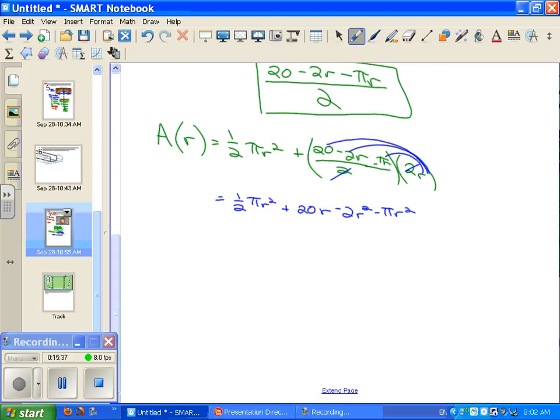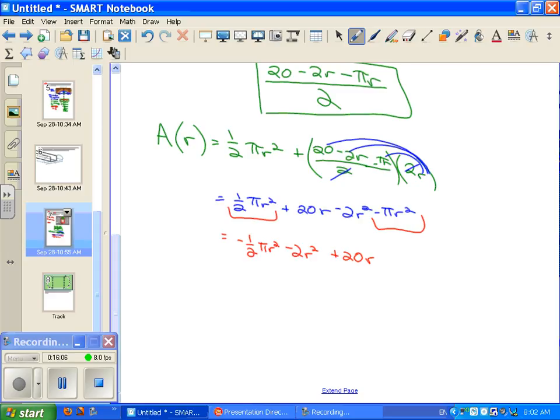I can combine some like terms together, some of which you may not be able to see right away. How many pi r squareds am I going to have? I've got 1/2 minus 1. So, negative 1/2 pi r squared minus 2 plain old r squared plus 20r.